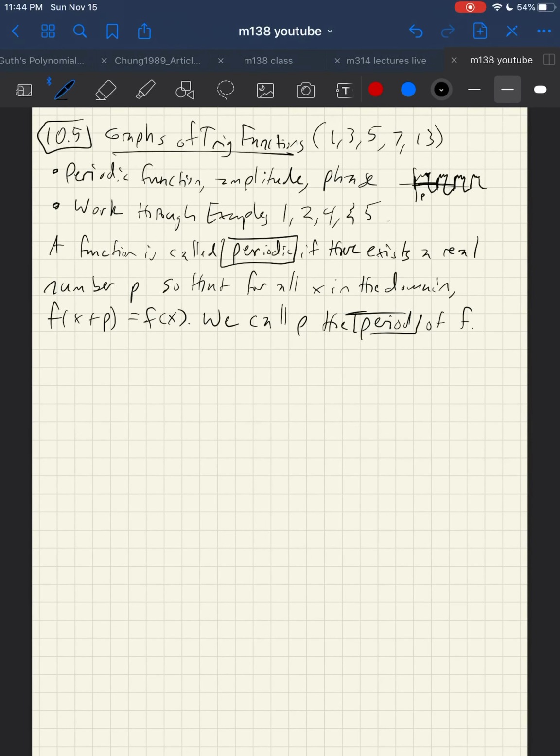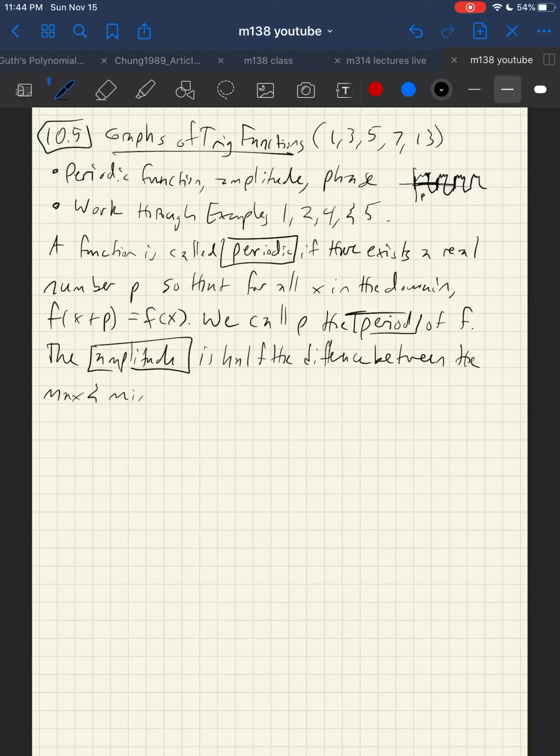Now, in a periodic function, the amplitude is half the difference between the max and min values of a periodic function.